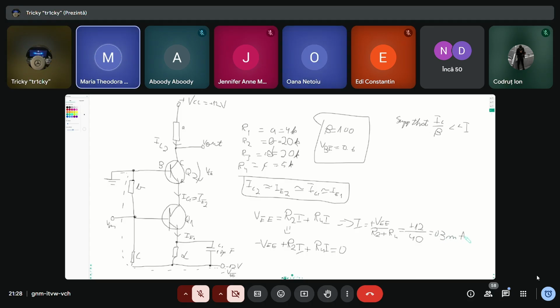Why is it 40? Isn't it 25K? No, because it's B plus C. Let me check. Yeah, it's actually right, it's supposed to be 25, 20 plus 5.